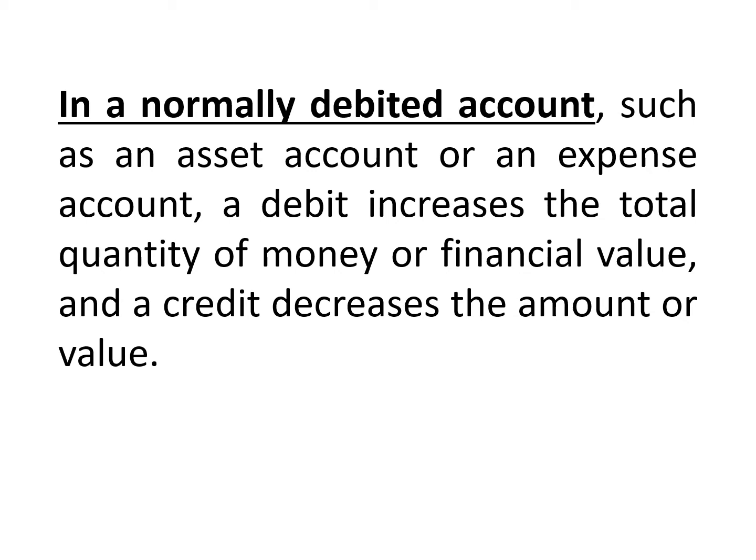So debit increases the value and credit decreases the value. This rule is applicable in the case of assets and expenses accounts. How we calculate how it is going to increase or decrease the assets, we will do with the help of some examples.